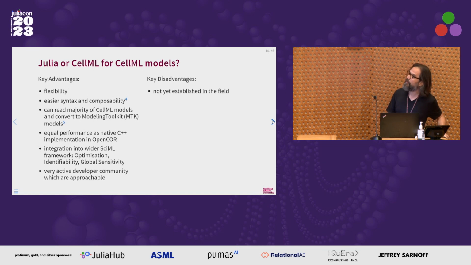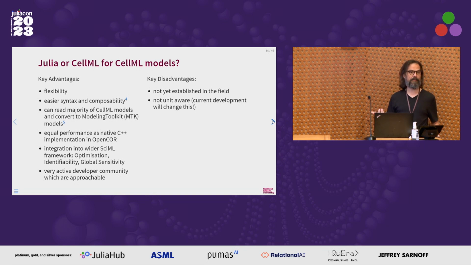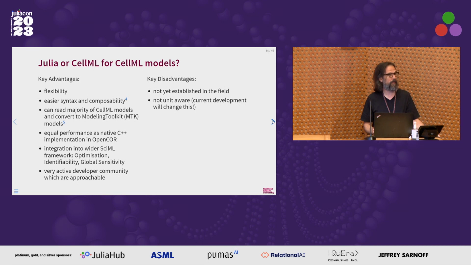So the only key disadvantages that I see with Julia over CellML is it's not as well established yet. We're working on that. And units is one big missing thing. I think when we talk about clinical acceptance of these models, the clinicians want the units embedded in the model, and I think that's been clear yesterday in the discussion that we need to work on that as well. So thank you very much.